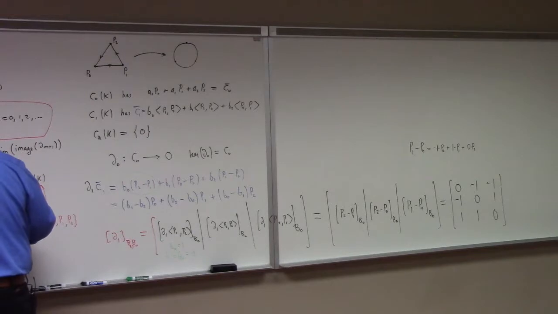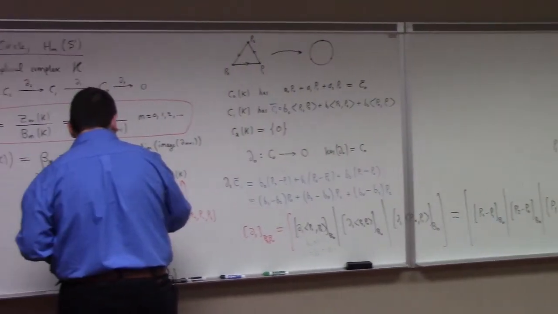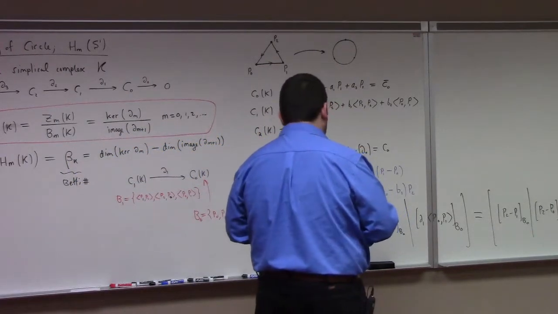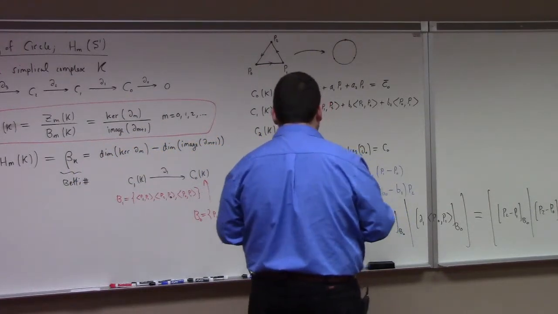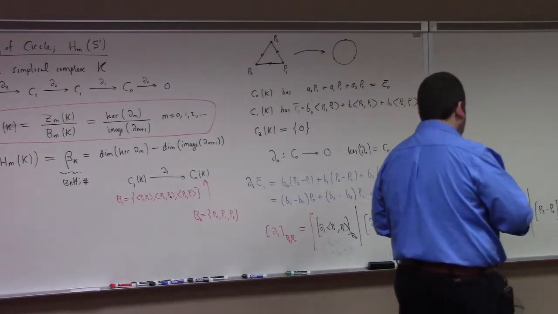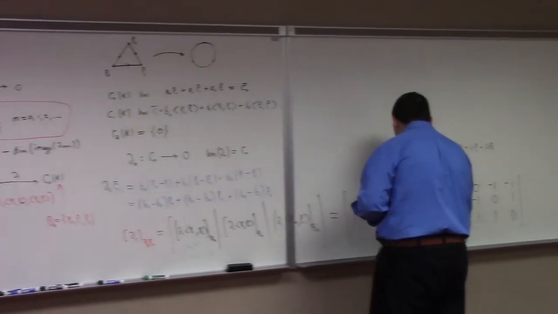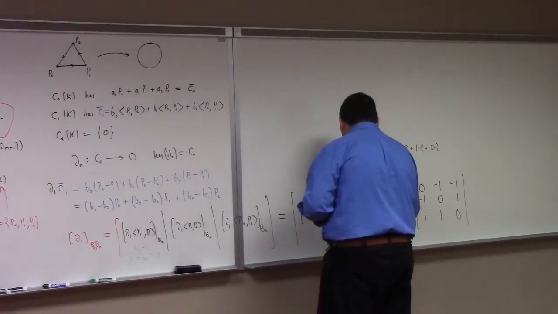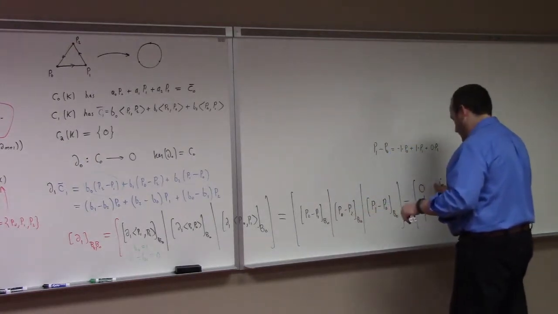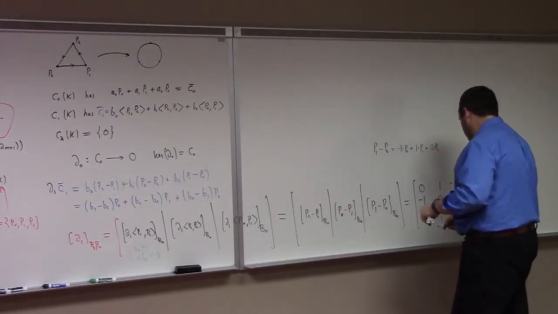Why is it P2 minus P0 rather than P0 minus P2? Oh, I had P0 minus P2 here, didn't I? Yeah, that's supposed to be P0 minus P2. That's just an error. Thank you. And so that would make this 1 and minus 1. Thank you.